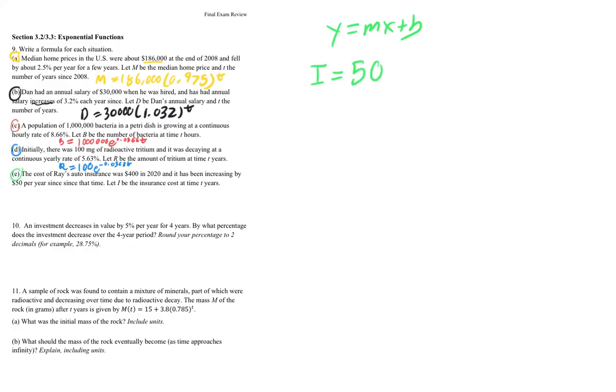That's how much we're increasing every year. So times t, and then plus our initial value of 400. So that's going to be his insurance cost at each year. So I is equal to 50t plus 400.